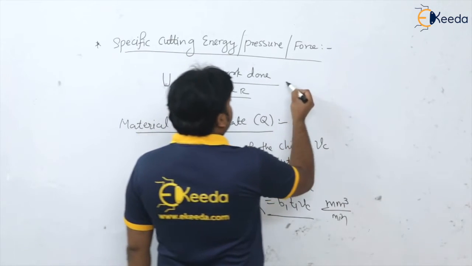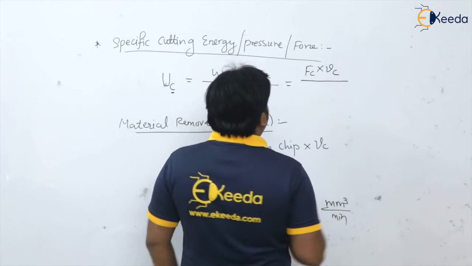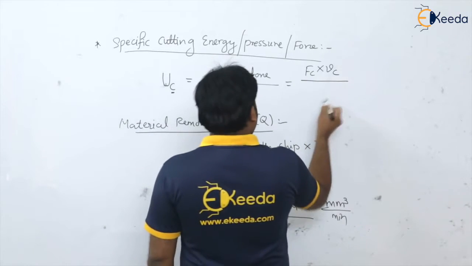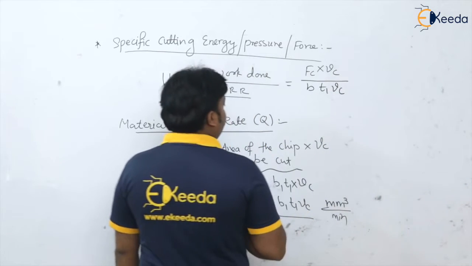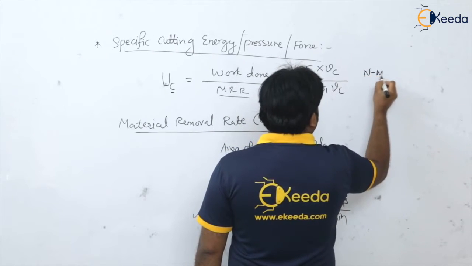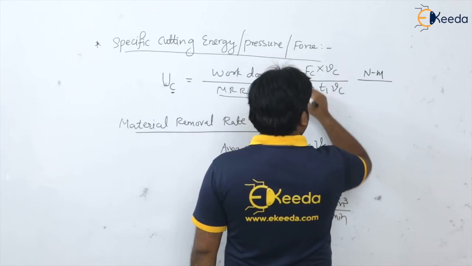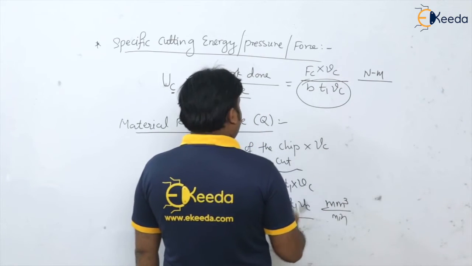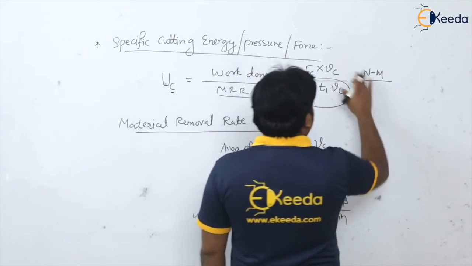And what is the work done? It is the total work done in cutting, that is Fc into Vc, divided by B into T1 into Vc. Now this is the work done, of course in Newton meter, divided by the volume, isn't it? So you are getting the material removal rate here.